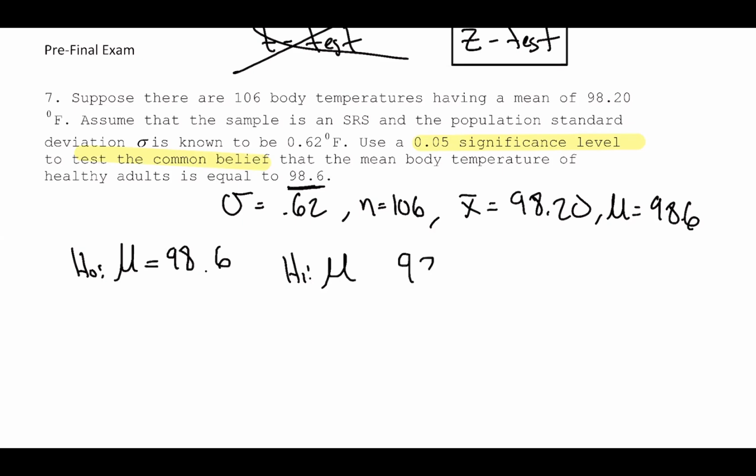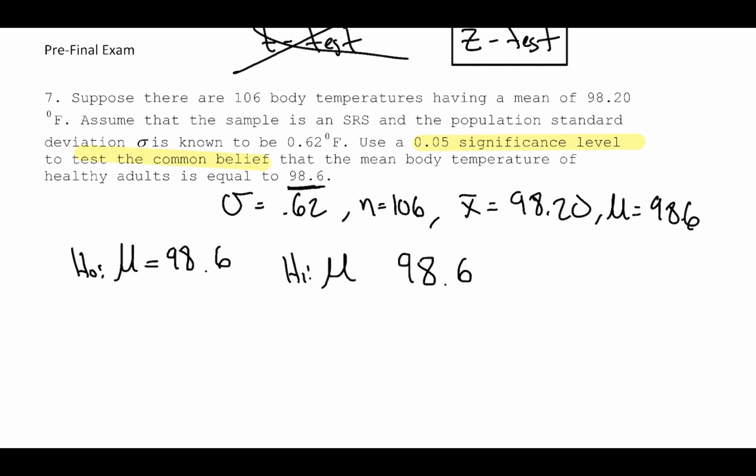And then for the alternate hypothesis, you will once again put mu and 98.6. But if you read the problem, it really doesn't give us any inclination on what the mean should be. They don't tell us if they think it should be greater than 98.6 or less than 98.6.